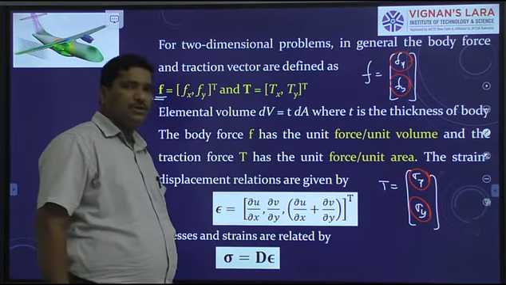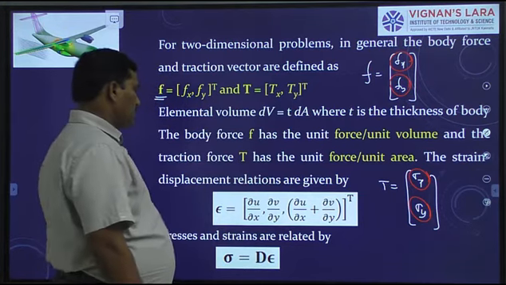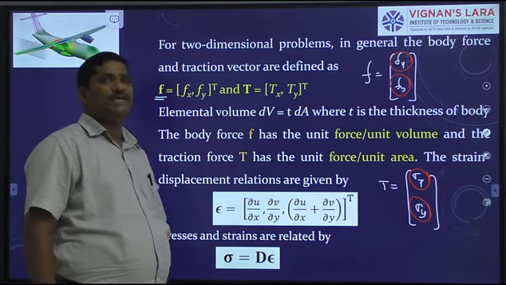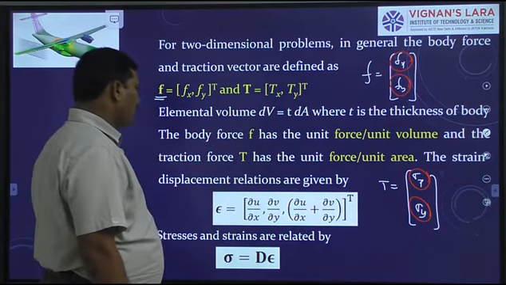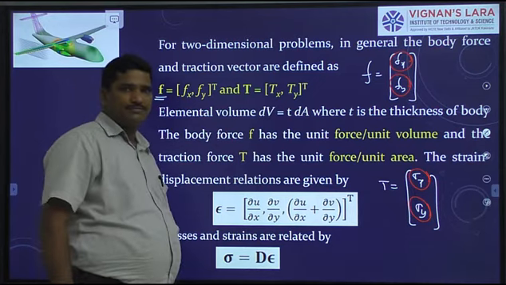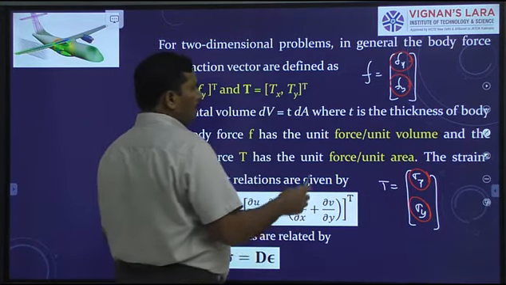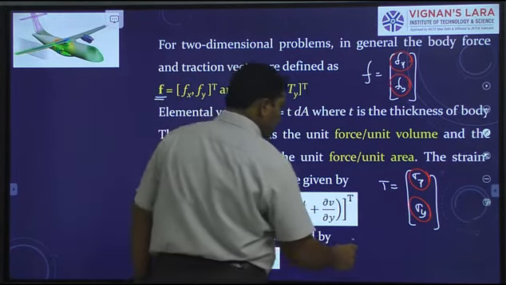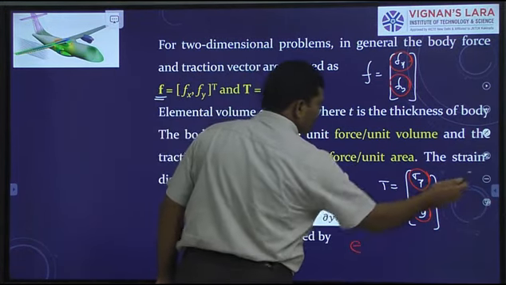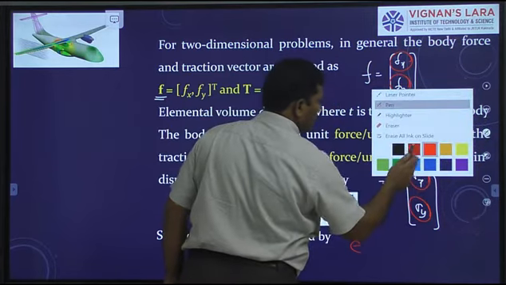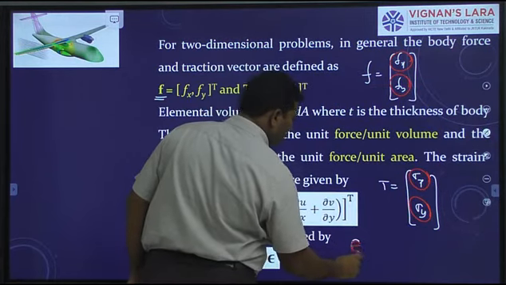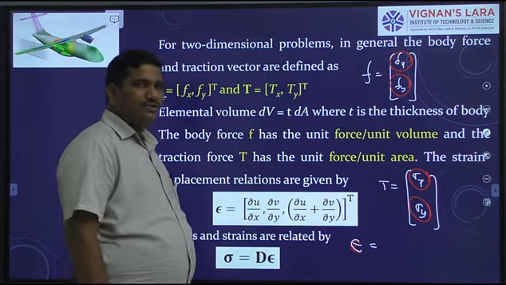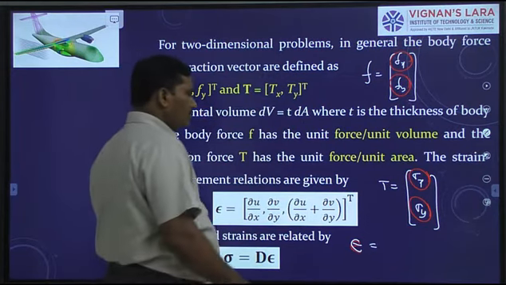Now, once you define the displacement field, you can also determine the strains. How do you write the strain matrix? We know that the matrix for strain epsilon is a column matrix, hence you can write it as the transpose of a row matrix.